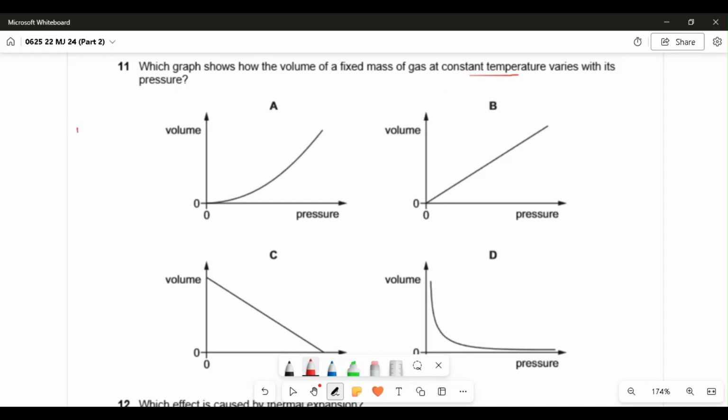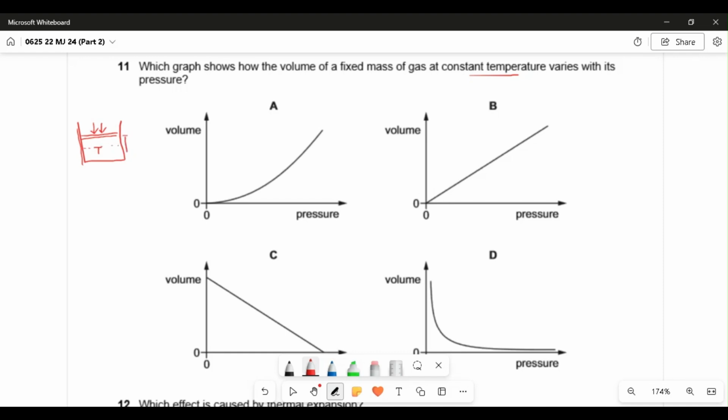So, if you have a fixed mass of a gas inside a container that has a constant temperature, T is constant. What happens is as the pressure increases, the volume may decrease.